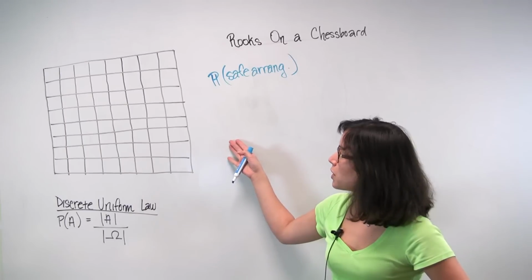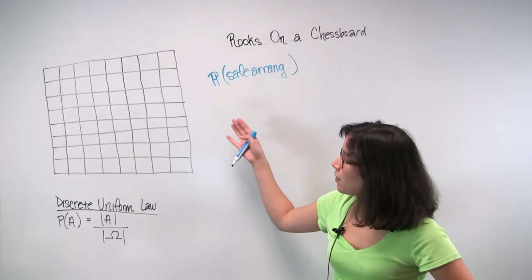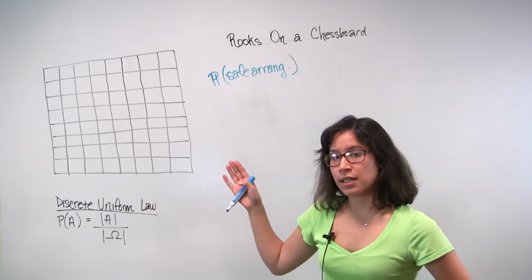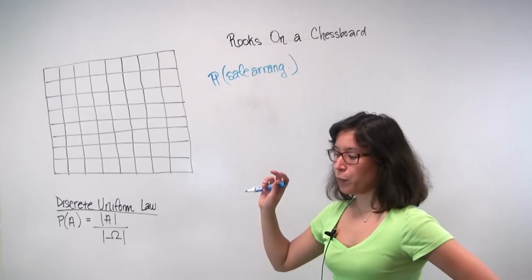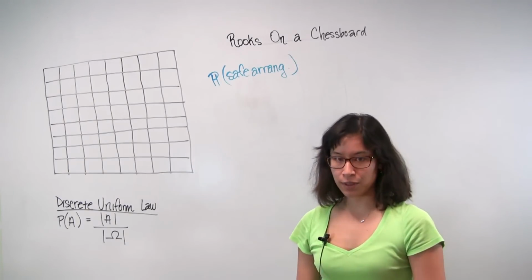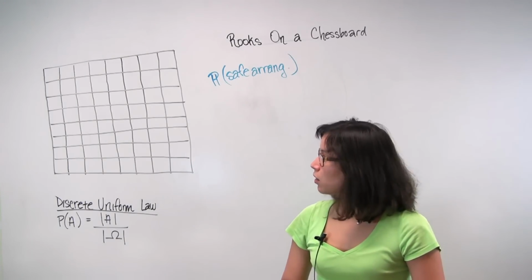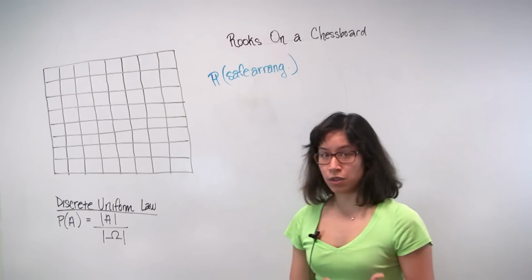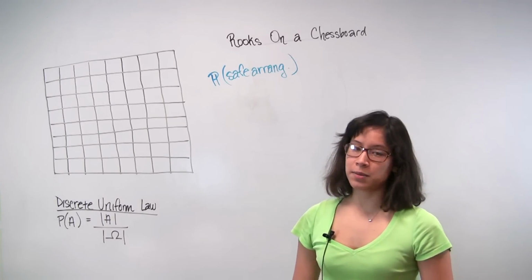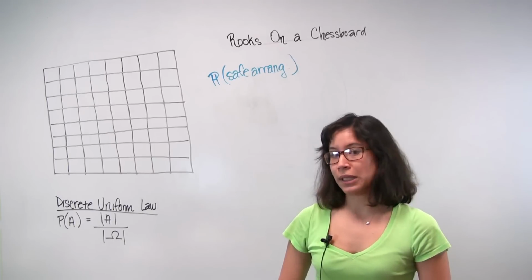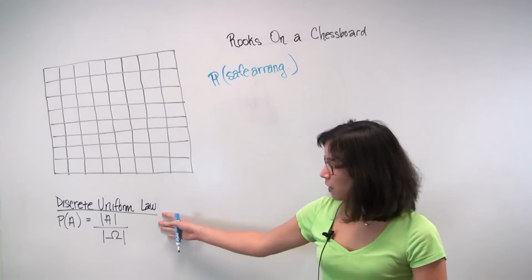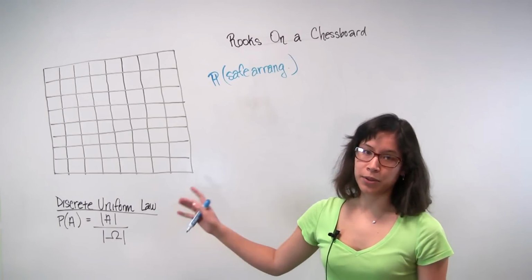Well, a logical choice would be that the set of all possible outcomes is the set of all possible spatial arrangements of rooks. And hopefully it's clear to you that that is discrete. The problem statement, furthermore, gives us that they're equally likely. So the discrete uniform law is, in fact, applicable in our setting.